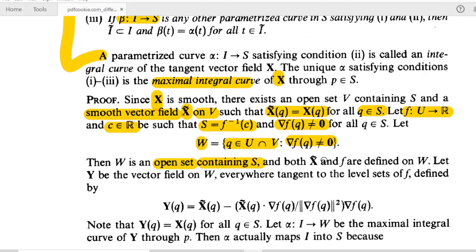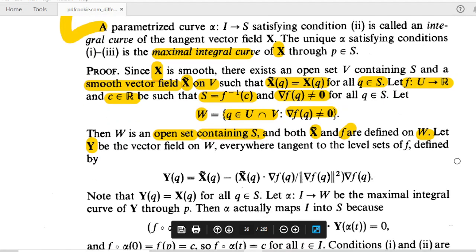And both X tilde and F are defined on W. We know the domain of X tilde is V and the domain of F is U, so X tilde and F are defined on W, because W is the intersection of the domains.